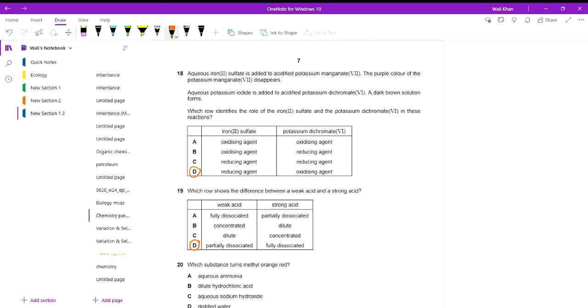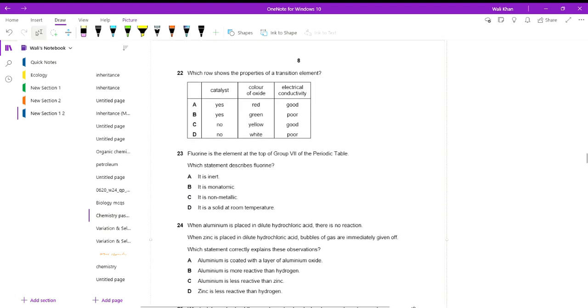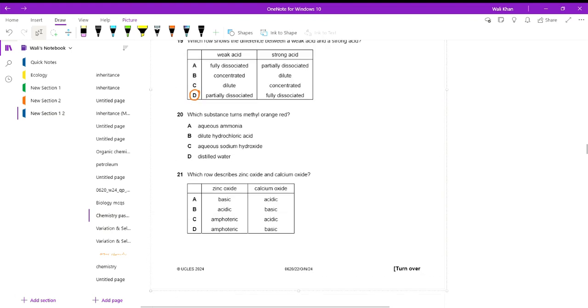Which substance turns methyl orange red? Dilute hydrochloric acid.